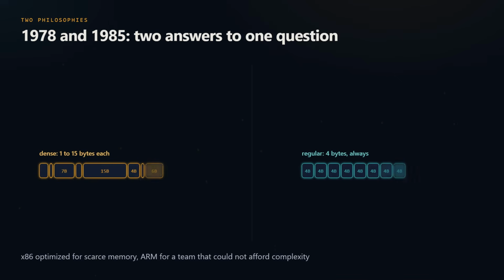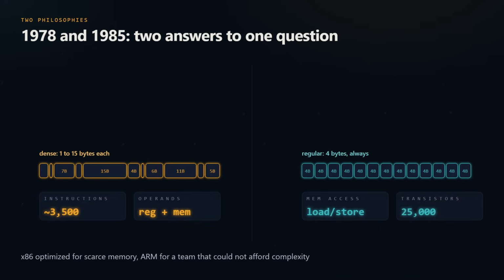The two contracts were written in different worlds. x86 ships in 1978, when memory is the most expensive part of the machine. So instructions are dense, anywhere from 1 to 15 bytes, and a single instruction can read memory, do arithmetic, and write the result back to memory. Today the family carries roughly 3,500 instructions.